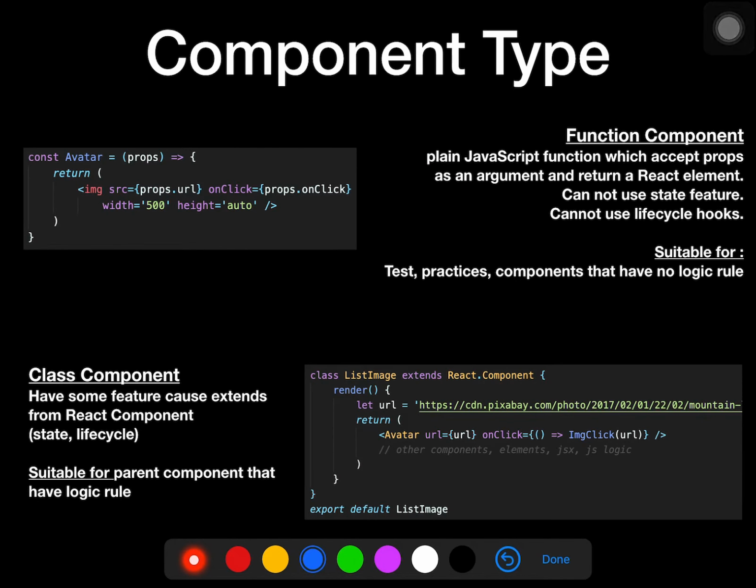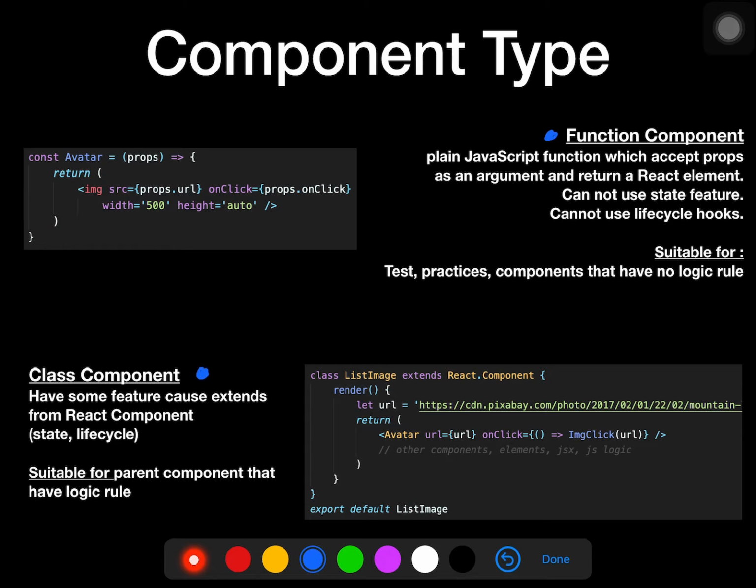Component types. There are two component types, function component and class component. A function component is just a plain JavaScript function which accepts props as an argument and returns a React element. It cannot use the state feature and cannot use lifecycle hooks.